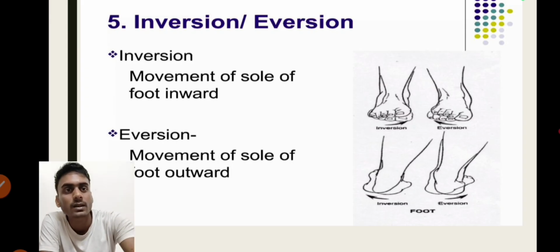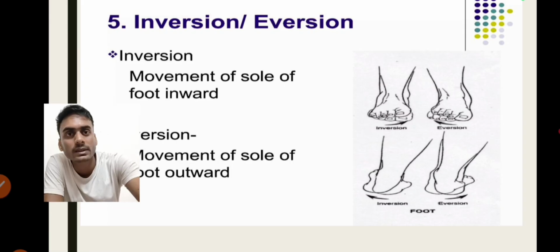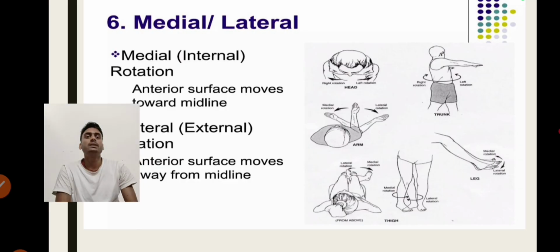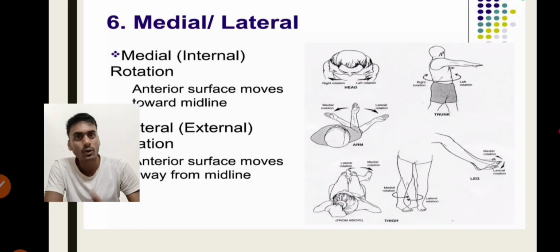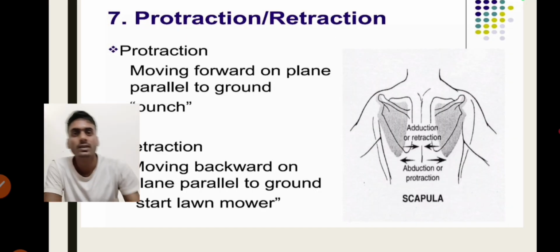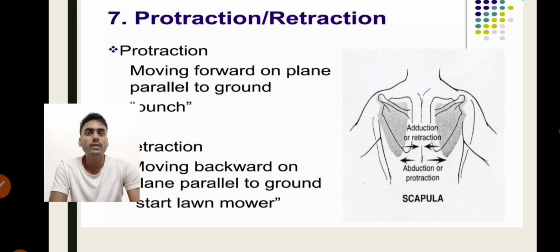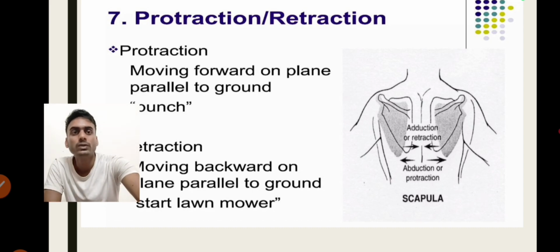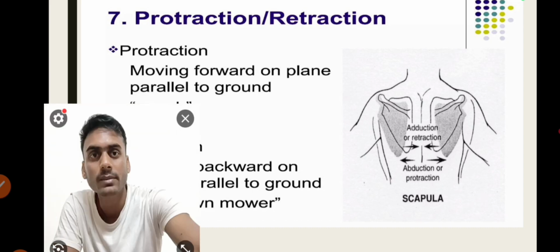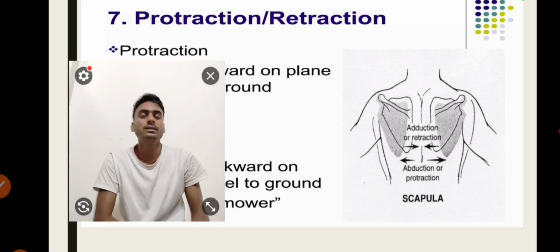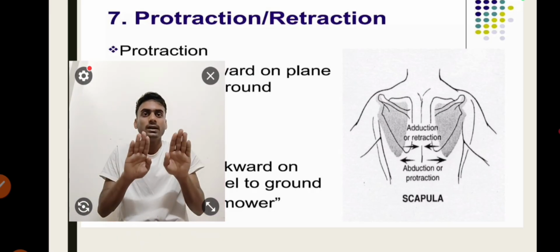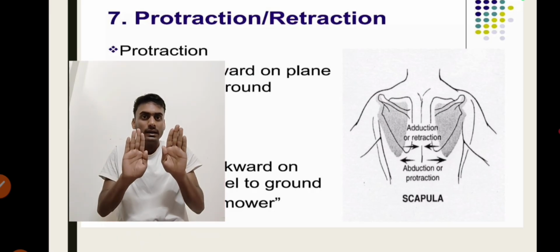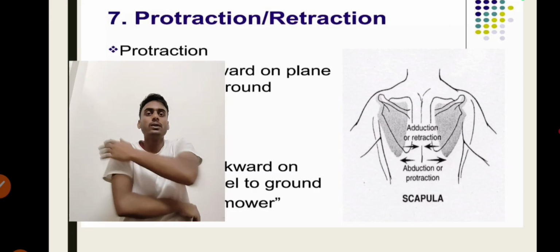Now we discuss the next part. Medial and lateral we already read. Then we discuss protraction and retraction, which are very important. Protraction means movement away, for your scapula.